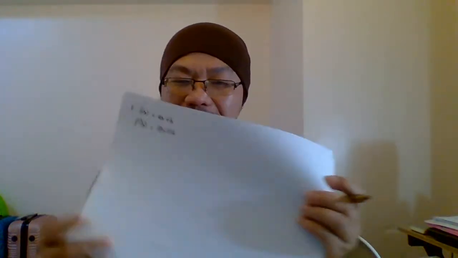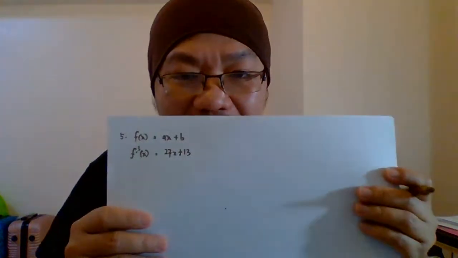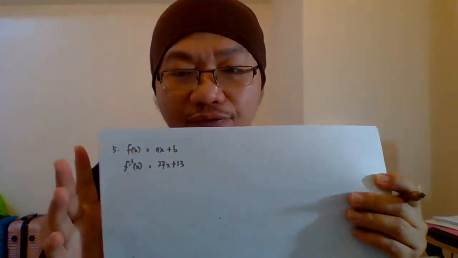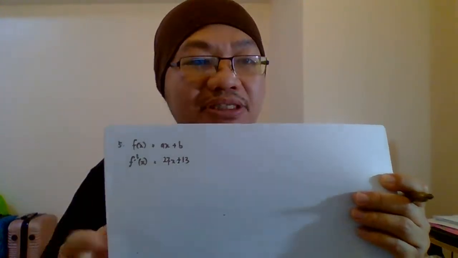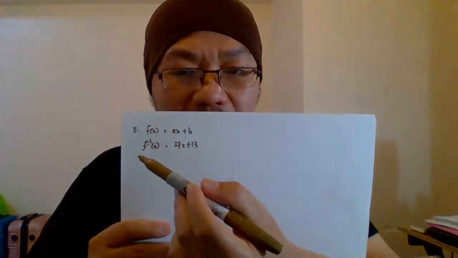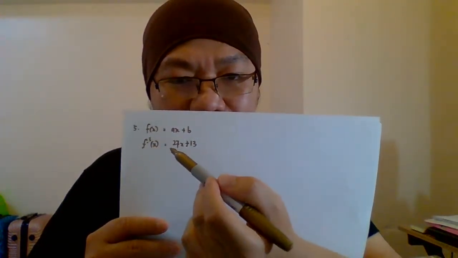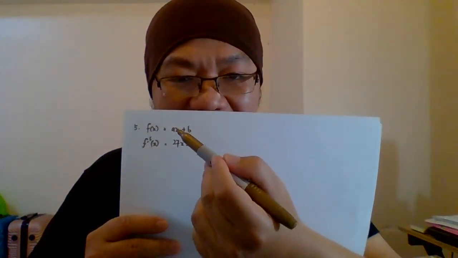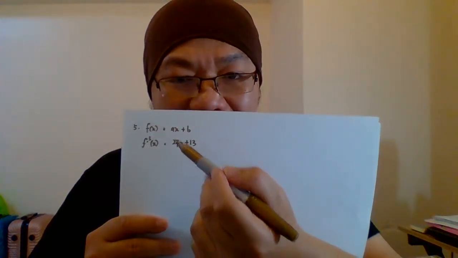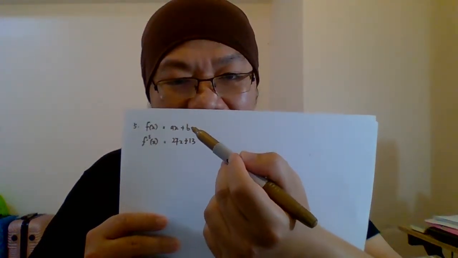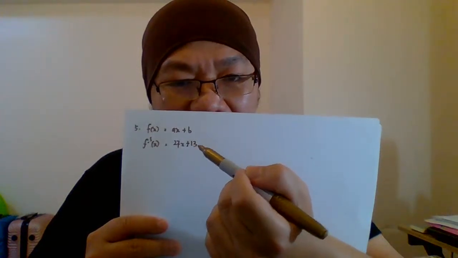This is funny. Some students, what they did is, okay, please be careful. I hope you guys don't make this silly mistake. You look here, f(x) is ax plus b. f cube of x equals 27x plus 13. You see, this is x, this is also x. There's a b, but no x, but this is a number without x.